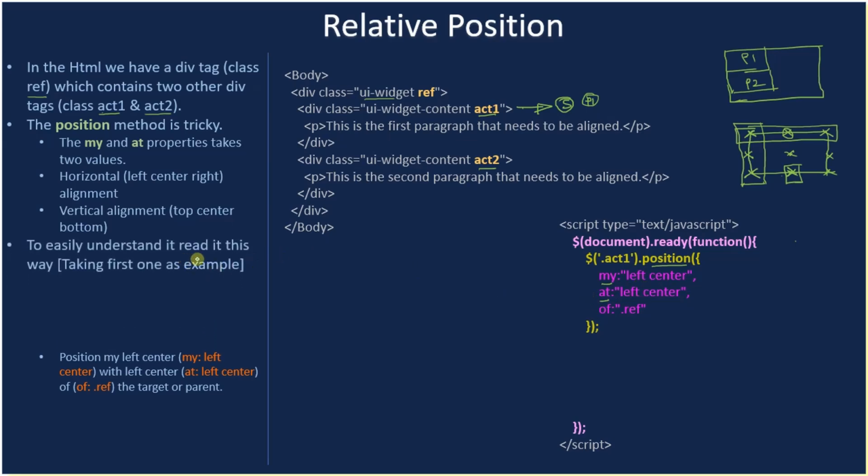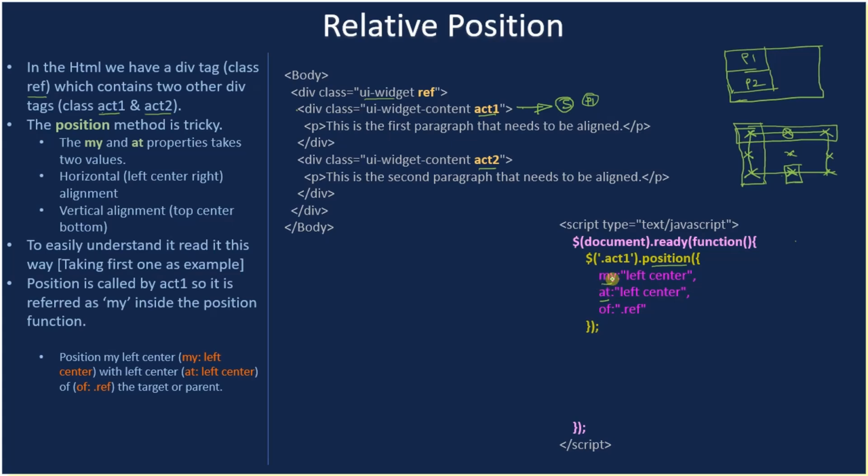To easily understand it, read it this way, taking the first one as an example. Position is called by act1. That means position is called by this div tag. Since position is called by act1, it is referred to as my inside the position function.